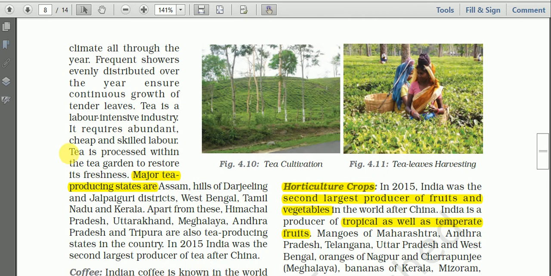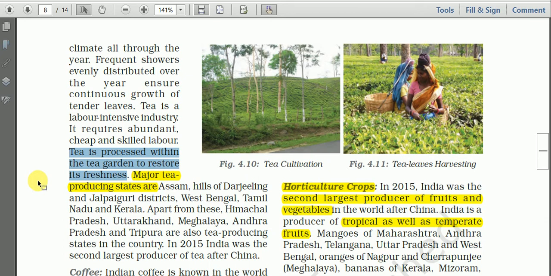About the processing of tea, tea is processed within the tea garden to restore its freshness. When we transport tea leaves for long distances, they may wither, they may dry up, and that is why, to restore the freshness, tea is processed within the tea garden.